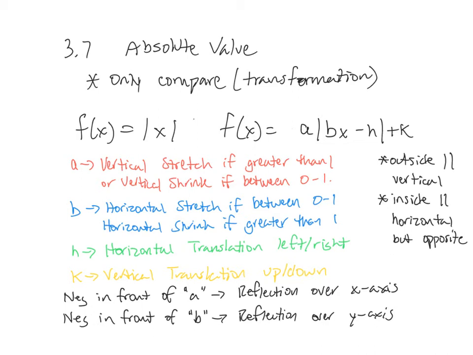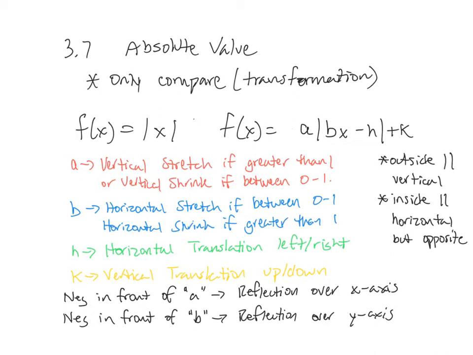Okay, so let's go over what the problems will look like today. Negative out in the front of the A, so down here at the bottom, negative in front of the A. Well, in this one, where the B is, it's in front of the x, but on the inside. So the B says horizontal stretch if between 0 and 1, or horizontal shrink if greater than 1.